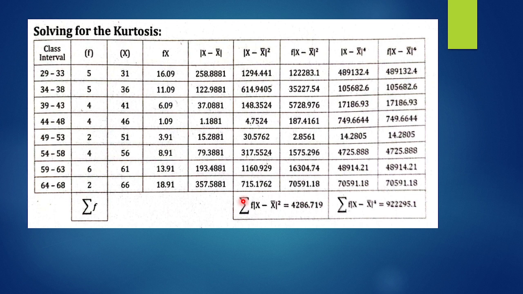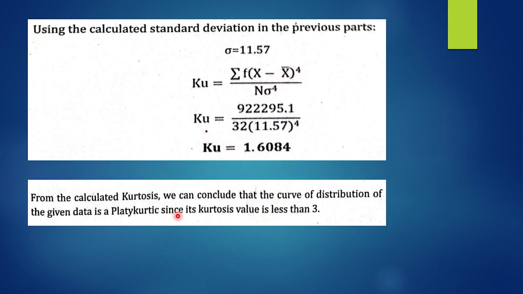Next is solving for kurtosis. In solving for the kurtosis, we need the data here. So that's why it's very important to continue filling in the table in our data. Using the calculated standard deviation from the previous part, 11.57, we substitute using the same formula: 922,295.1 over 32 multiplied by 11.57 raised to the power of 4.